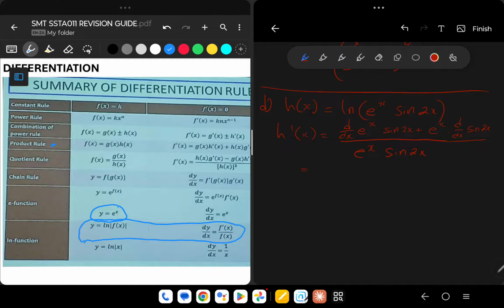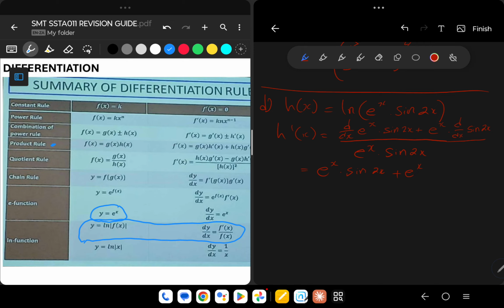Okay, to continue, the derivative of e to the power of x is just e to the power of x. This is what we learned from the rules. And then we'll multiply by our sine 2x, and then we add our e^x, because here we're just keeping it as it is. Here on the numerator, we apply the product rule.